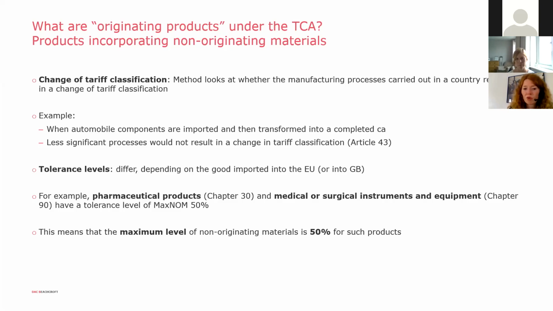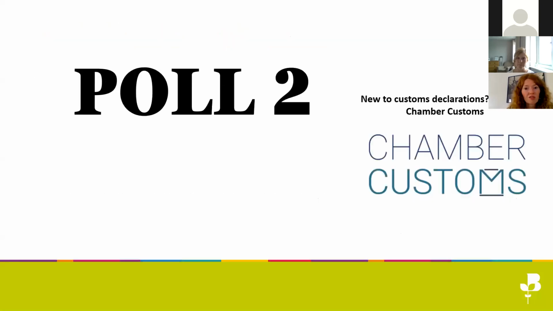It's also referred to as max norm in the TCA. Again, the notes in Annex 2 set out a calculation formula for how to calculate the max norm of a product. I think when we now go to the next slide, we have another poll.